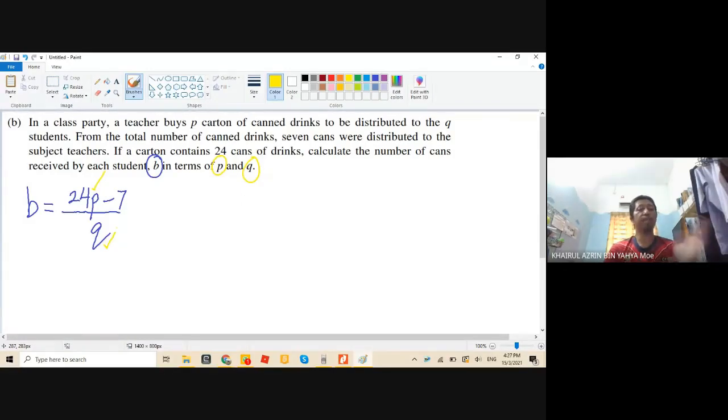We want B equal to something of P and Q. So again, 24P because 24 in one carton. We have P cartons. So 24 times P. Minus 7 because we give 7 drinks to teachers. And then we divide with students. So this is the answer for question B. This is easy.